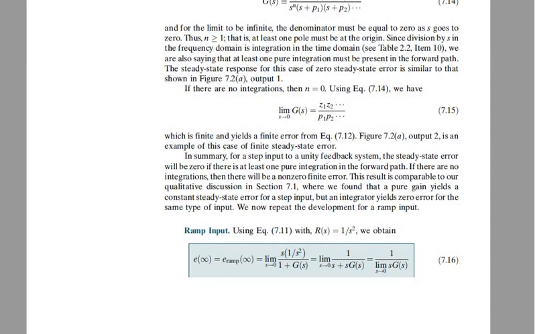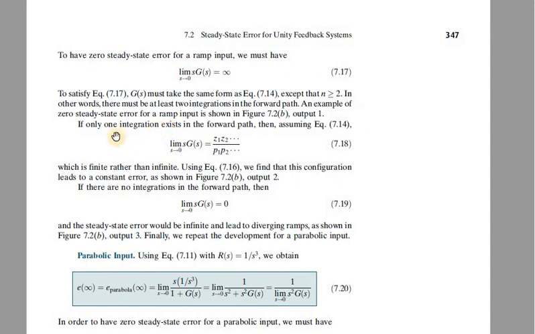infinite error. Our system diverges. So it is stated that steady state error would be infinite and lead to a divergent ramp as shown in figure 7.2, output 3. Finally, we repeat the development for a parabolic input. What we have learned till now is that when we have a step input, we need at least one integral so that steady state error is 0.